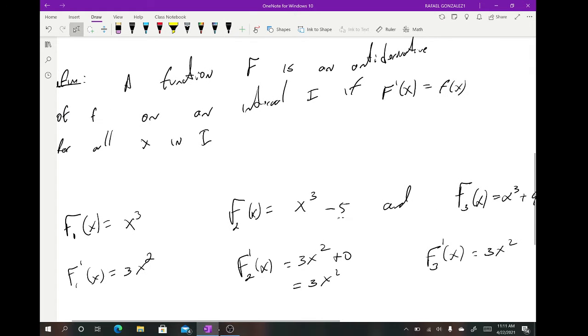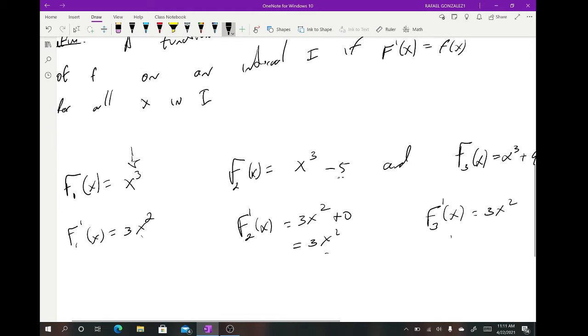So notice that if we are adding or subtracting a constant to our function, then we just get back the same derivative. F1 prime is equal to F2 prime is equal to F3 prime. But these are not the same. These do not come from the same antiderivative.